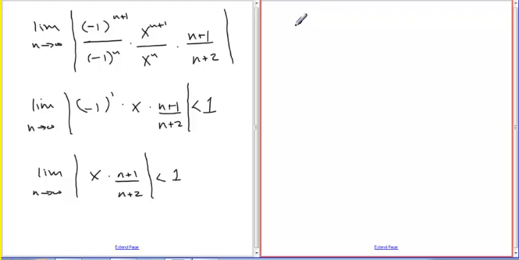Because sometimes I get infinity over infinity, and I can't just say it's 1. One of the reasons is because it's just infinity plus 1. It's not something like e to the infinite power or x to the infinite power. The other thing is you could use L'Hopital's rule, and if you take the derivative of each one of these, you'll get 1 over 1, and so it does go to 1. So ultimately, as n goes to infinity, we just get that x has to be less than 1.